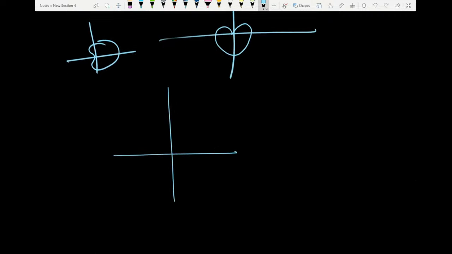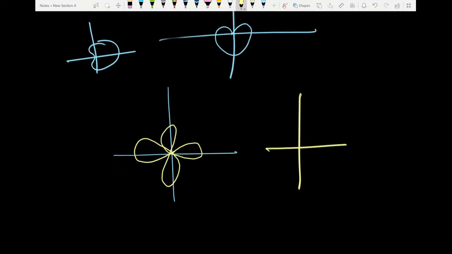Sometimes you'll get this nice beautiful graph, or sometimes you'll get this type of graph. We're not going to do that in this class. Okay. If you have any questions, email me. I'm here.